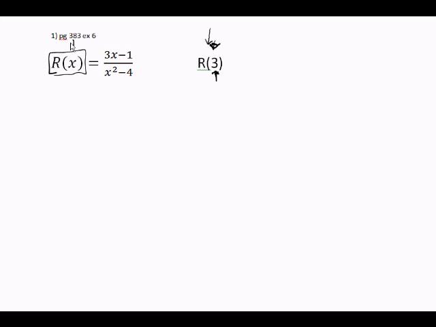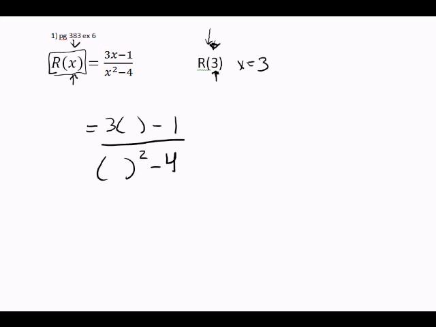Do you see this function over here, how it has R parentheses with an x? So this 3 really means x equals 3. It's telling you whatever you put in that parentheses is what x is. So to do this problem, all you have to do is rewrite it and put a parentheses everywhere you see an x.